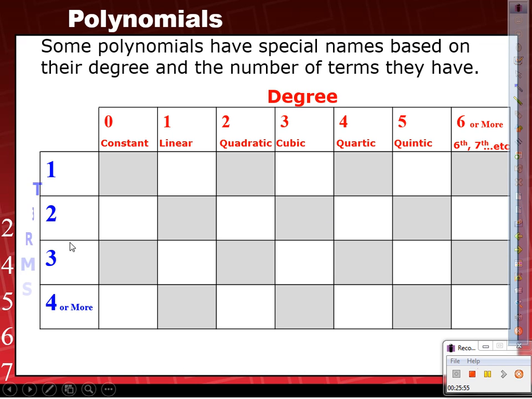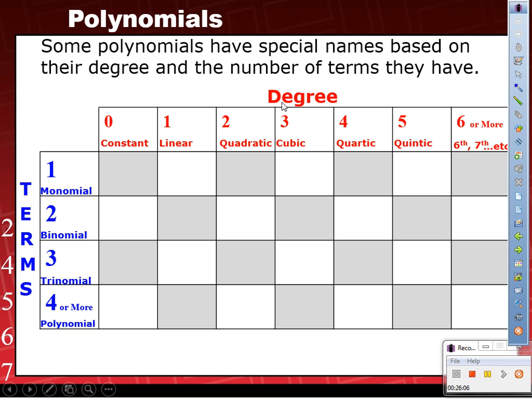We already know the number of terms. Monomial, binomial, trinomial, or polynomial. Are we there? Yes. So now watch. These are the names using degree, and these are the names using terms. But remember, the first name is according to the degree, and the last name is according to the terms. Kind of like us, we have a first and a last name, right? So the first name has to be degree, the second one has to be terms.